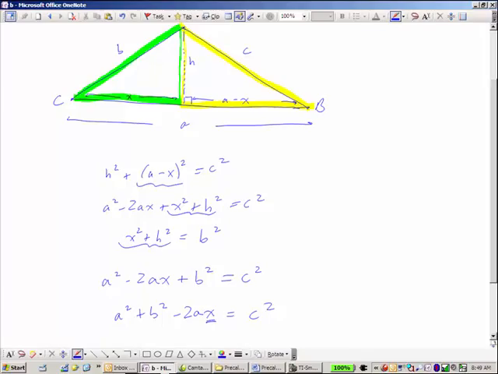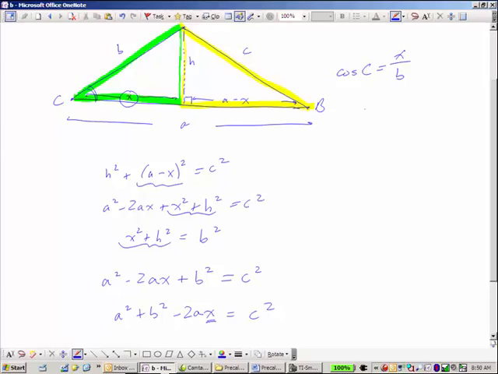The last thing I'm going to do is come up with a relationship for x. And over here for x, are you okay if I say that, hey, the cosine of angle C, that's this angle, is x over b, adjacent over hypotenuse? Does that work? In the green triangle?